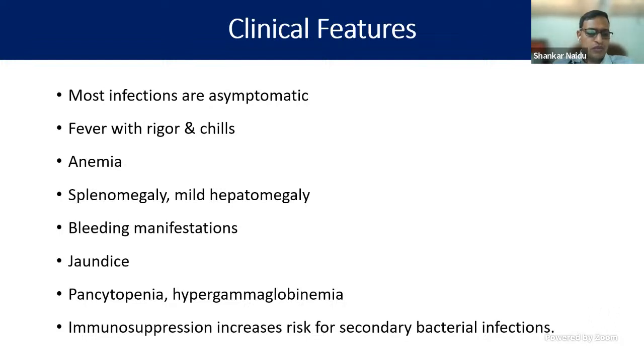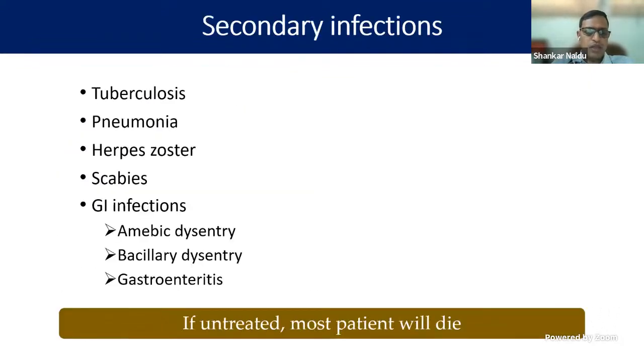Then they can have jaundice if the liver involvement is significant, and they have high immunoglobulin levels, and all the cytopenias can result in immunosuppression, and this can predispose to secondary bacterial infection. These secondary infections can be in the form of bacterial pneumonias, tuberculosis, herpes zoster, scabies, or various GI infections, including amoebiasis, bacillary dysentery, and various forms of gastroenteritis.